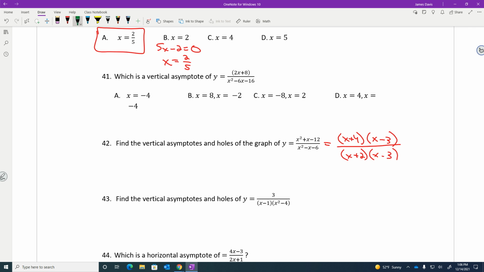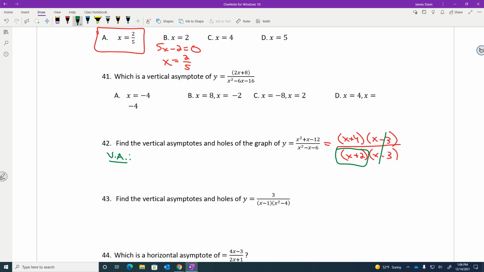And you'll see you got the same thing on the top and the bottom, which means that does cancel out, so that's a hole. The other one that's left here is a vertical asymptote, not a 0 numerator. So we said we have a vertical asymptote, and that's going to be an x value.